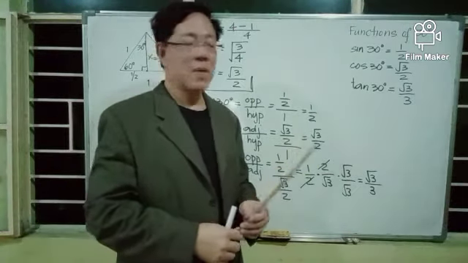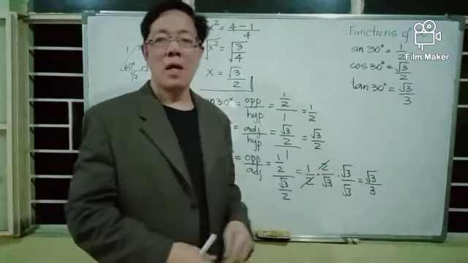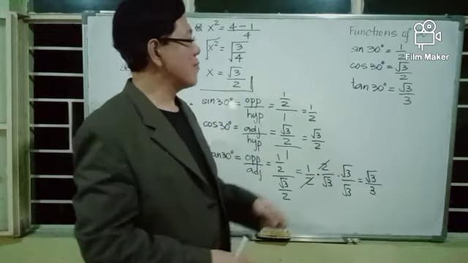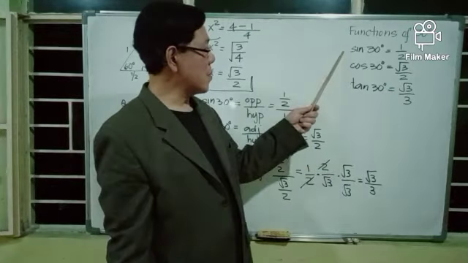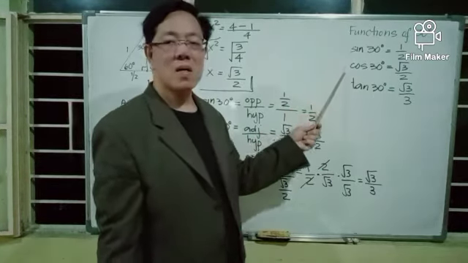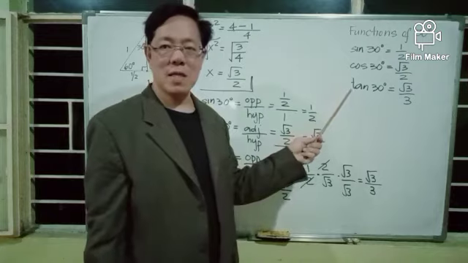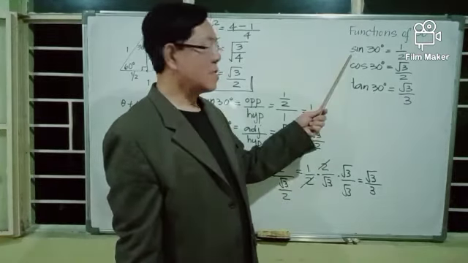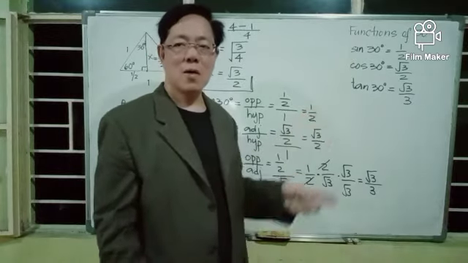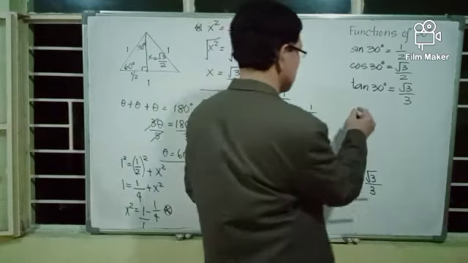The last three of the 6 trigonometric functions of 30 degrees have values equal to the reciprocals of the values of the first three functions of 30 degrees. The reciprocal of sine is cosecant.